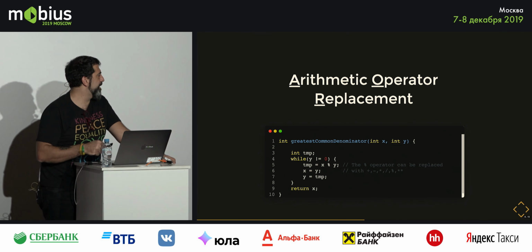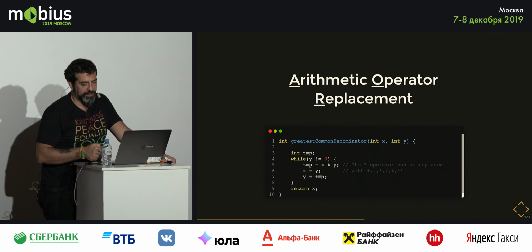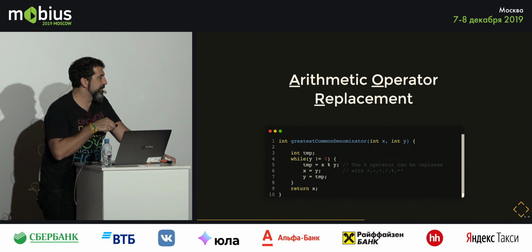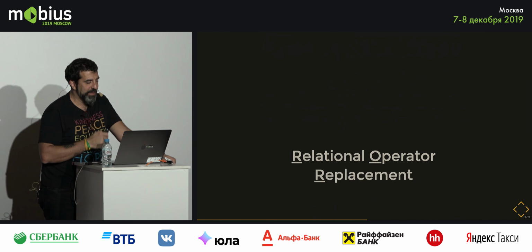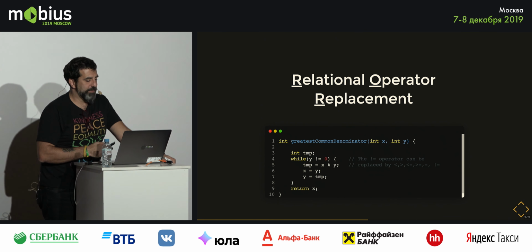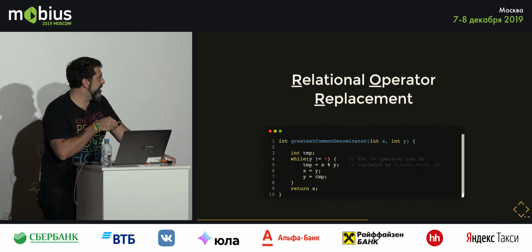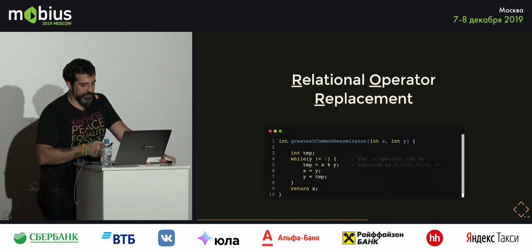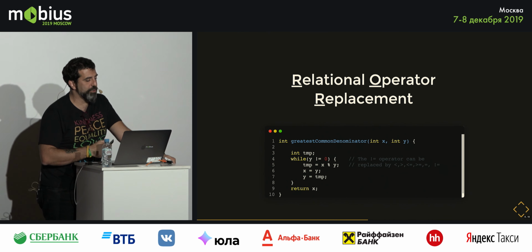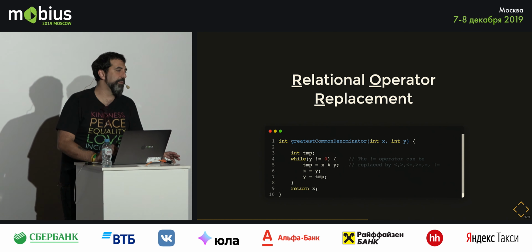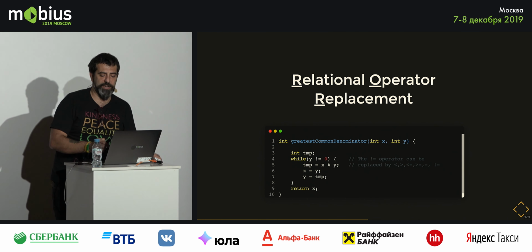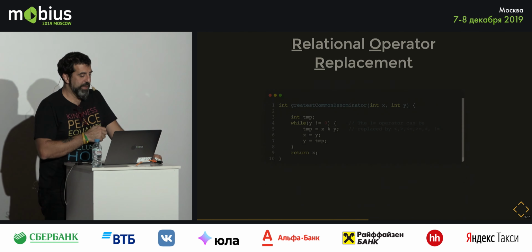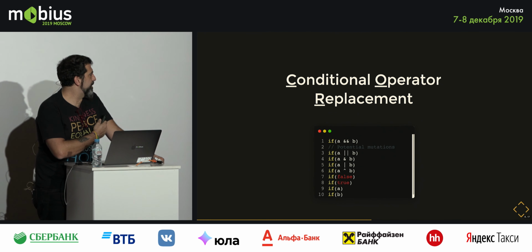This is a function that checks and returns the greatest common denominator of two numbers. If you change this, all the math will go away. A relational operator replacement: the different operator can be replaced with less than, greater than, and all the other operators. Also in this situation, with the relational operator replacement, you can dramatically change the way your code gets executed. Conditional operator replacement.